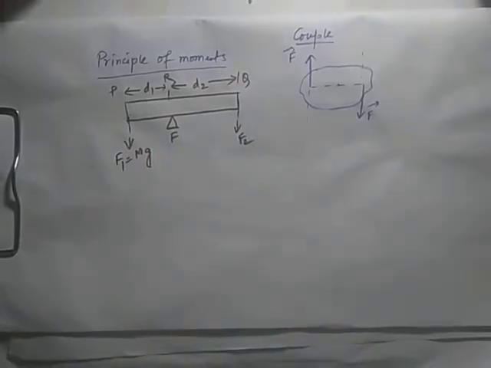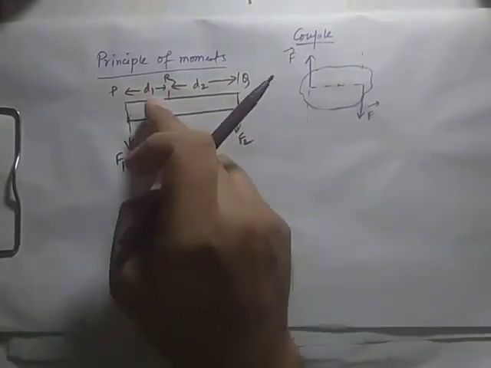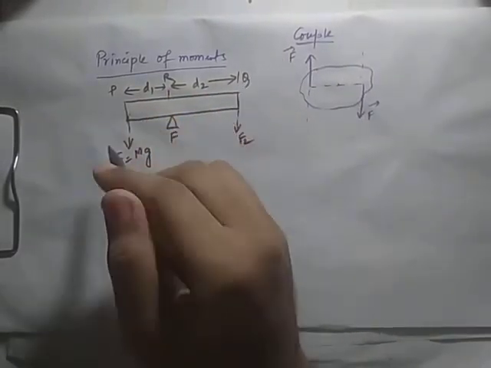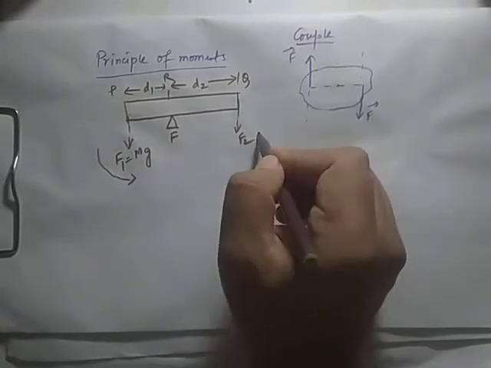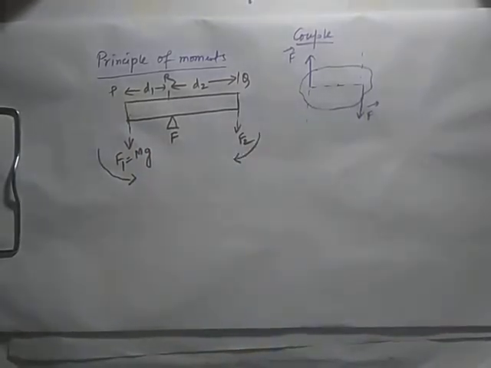Now you can understand that in this case some torque will be produced, one on this side and another on this side. To balance, this is one torque and this is another torque, and both will be equal. So what does moment mean?